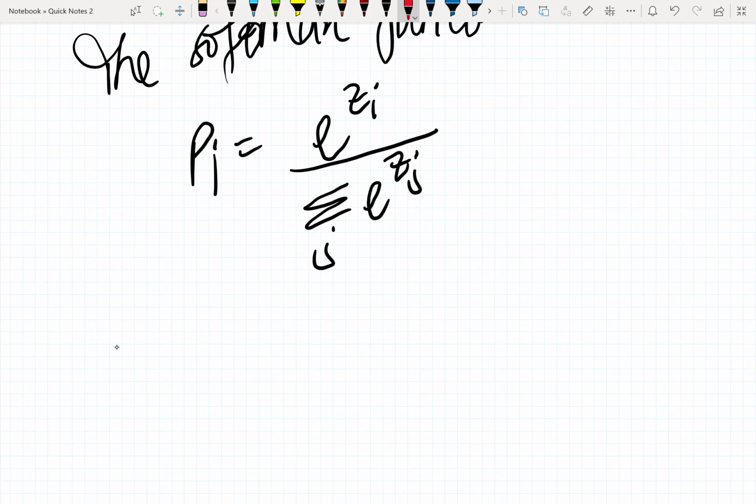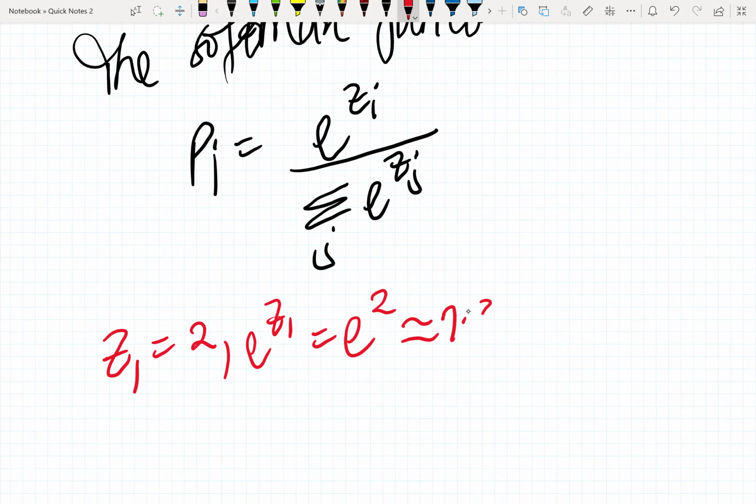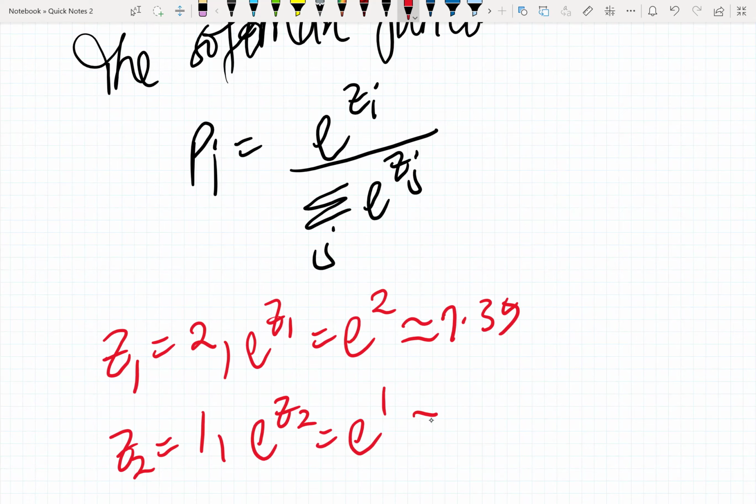We have z1 is 2, so e raised to the power z1 is e squared, which is approximately 7.39. Then z2 is 1, so e raised to the power 1 is approximately 2.72.